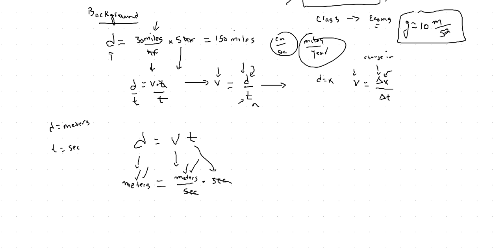Okay. Now, I want you to notice something about this. This says if I travel at whatever, 30 miles per hour for 5 hours or whatever. But we know that the speed or velocity, v, can change, right? It doesn't have to be a constant.